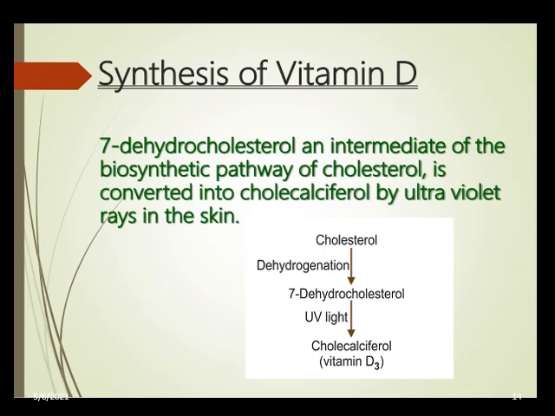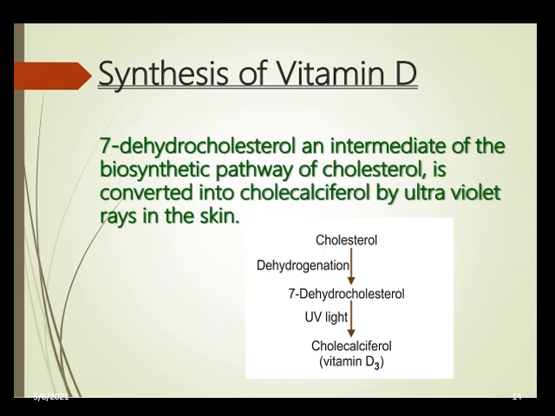And the next important product synthesized from cholesterol, another metabolic fate, is that cholesterol can be utilized for the synthesis of vitamin D. While learning about vitamin D, we have understood how vitamin D is synthesized in the human body. It is from the precursor 7-dehydrocholesterol. 7-dehydrocholesterol is a derivative of cholesterol, and it is an intermediate of the biosynthetic pathway of cholesterol.